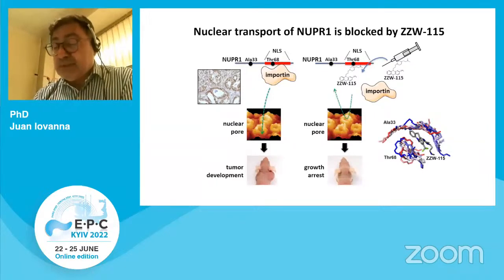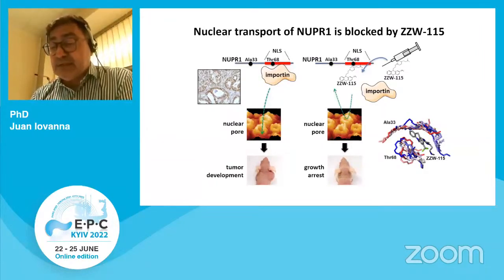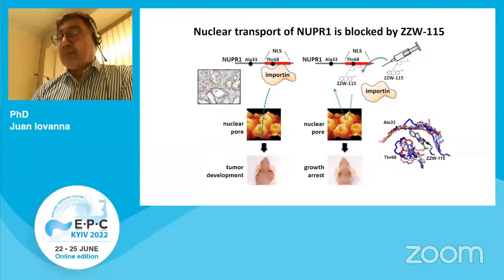Our structural study showed that ZZW115 binds to NUPER1 through amino acids alanine 33 and threonine 68, and threonine 68 is located in the NLS sequence. The affinity of ZZW115 is greater than that of importin, so its binding to the NLS displaces the binding of importins, preventing its nuclear translocation and consequently tumor development.